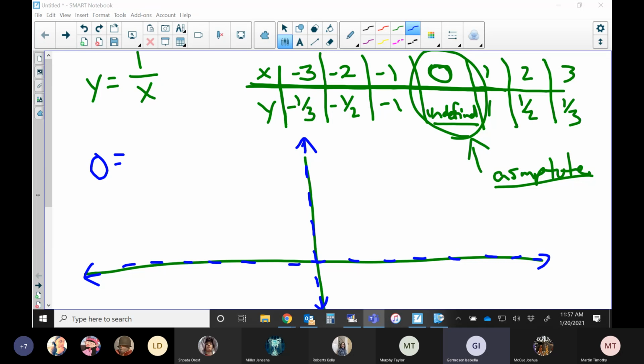Would it be a number over 0? No, because we said anytime you're dividing by 0, that can't happen. So where would the 0 have to be in order for the fraction to be 0? I'm not sure. It's all right. I appreciate you trying.